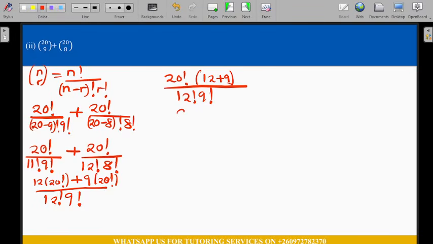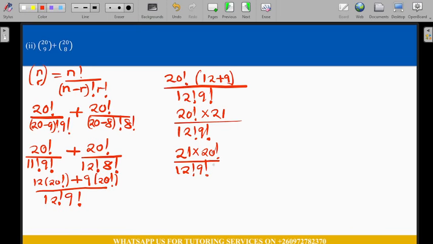So now we have 20 factorial times 12 plus 9, which gives us 21, over 12 factorial 9 factorial. So now we start with 21 times 20 factorial, so that we combine these, over 12 factorial 9 factorial.